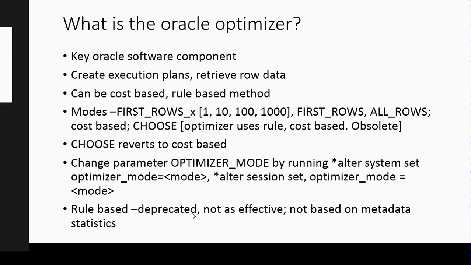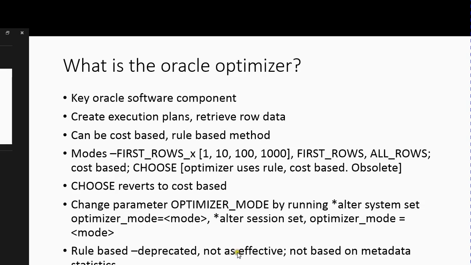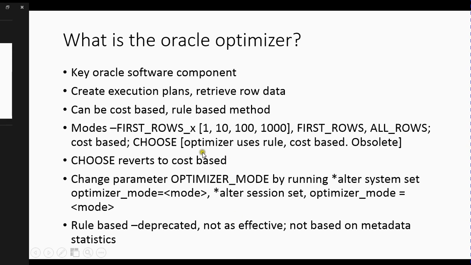So again, going back to the point that I was making earlier, the reason why choose is going to revert to the cost based method is because the rule base is not based on statistics at all, and the optimizer solely relies on statistics to be able to retrieve the raw data on your behalf.